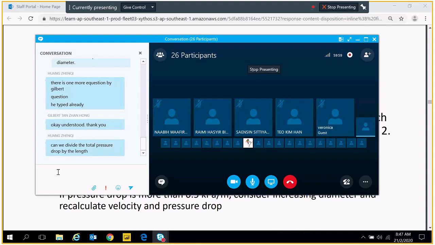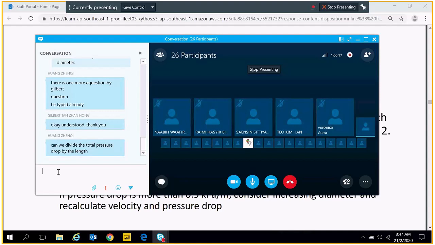And also a constant velocity, a constant temperature and pressure. So you have to state all these assumptions. Only then can you get full marks.